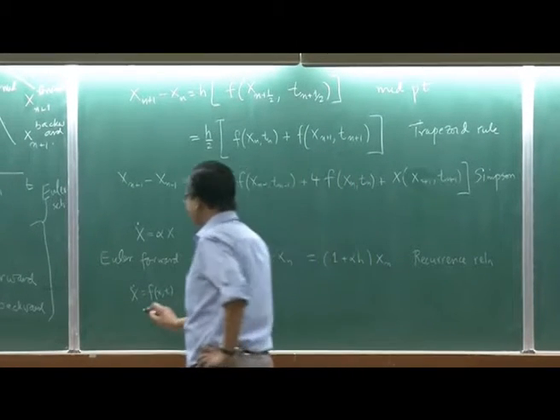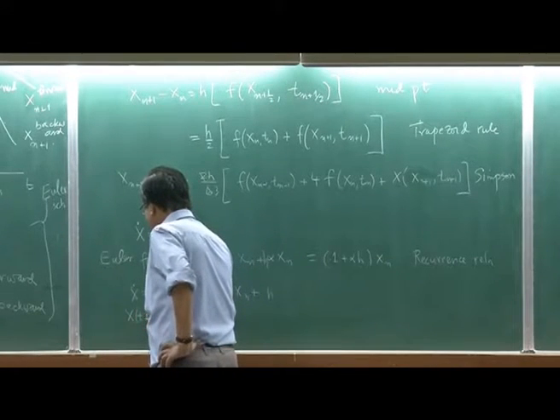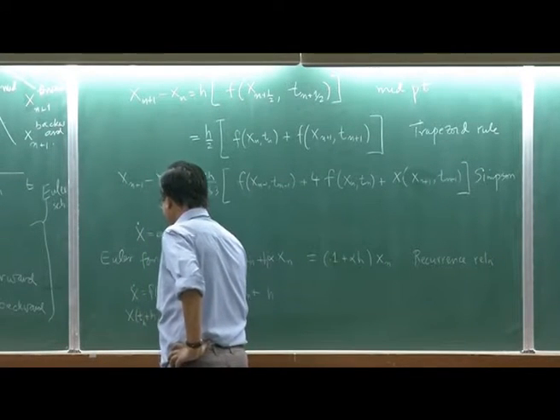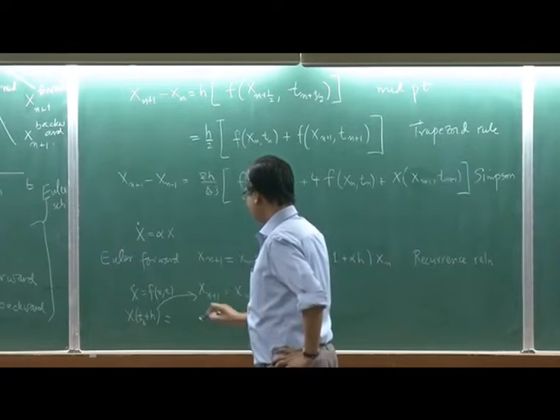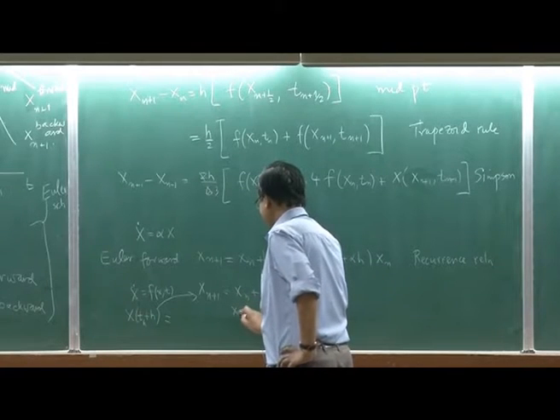So I am writing this as x is my function. So x of t_n plus h, that is xn plus 1, will be x(t), this is x(t), this is x(t).